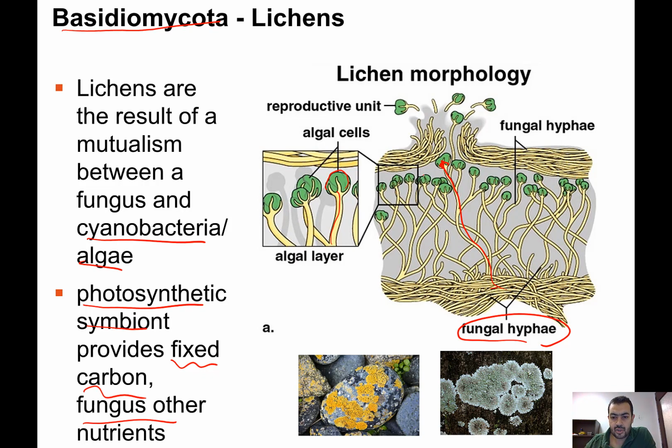So this relationship, which is known as lichens, can be seen in different colors, very colorful and very beautiful structures, usually on the surface of rocks, and I'm sure many of you have seen that on the trunks of trees or rocks in the different parks.